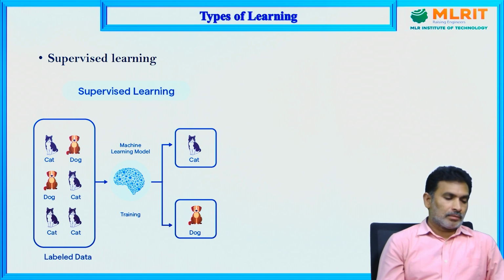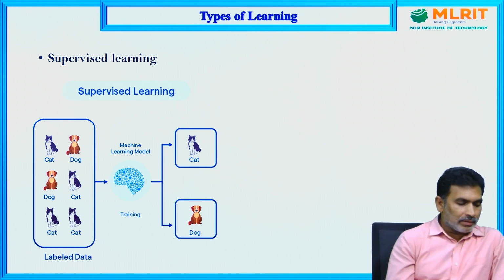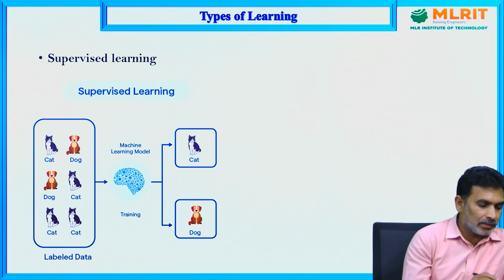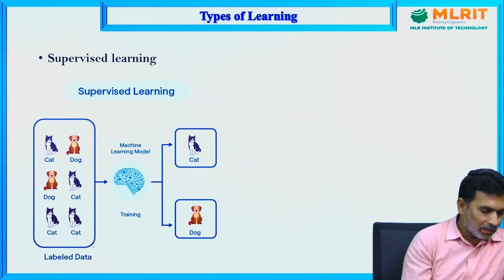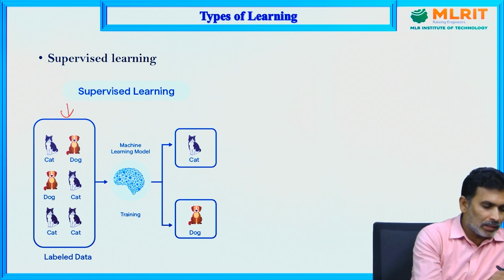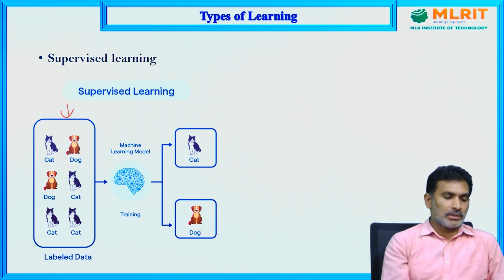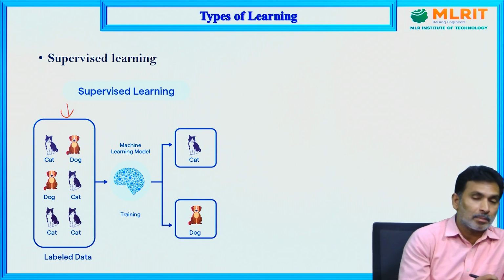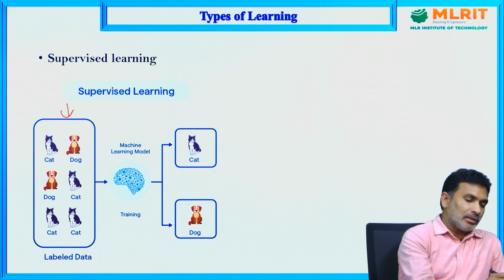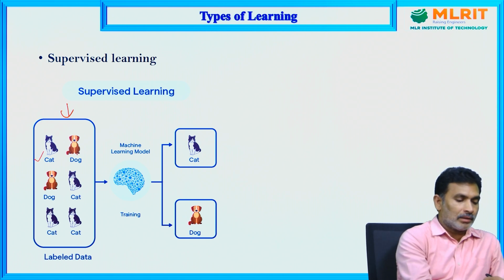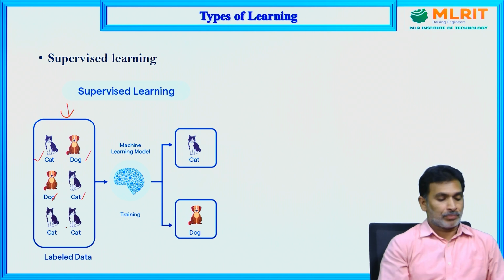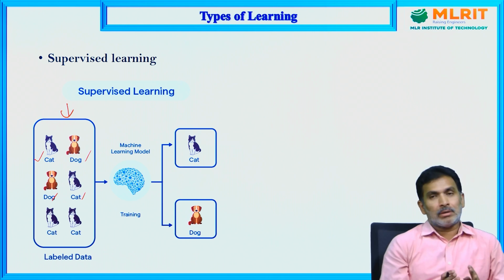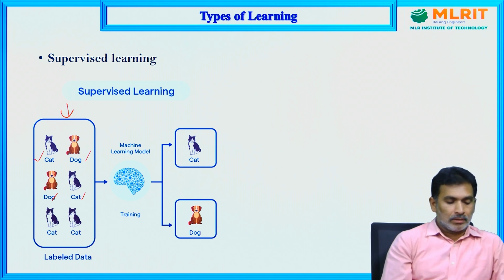For example, in this diagram you can see the input labeled data. This is the input labeled data we are going to supply to the machine learning model. We are supplying image data, and each image is labeled with its name, like cat, dog, cat, dog, etc. So we label each image, then we train the model.